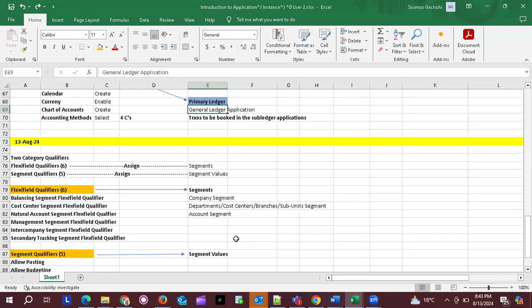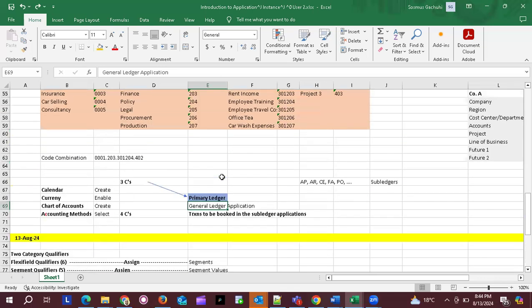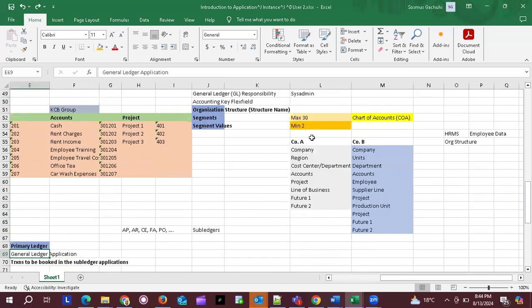No, it's not compulsory, because I mentioned somewhere a minimum of 2. With a minimum of 2 segments, you can create a chart of accounts.